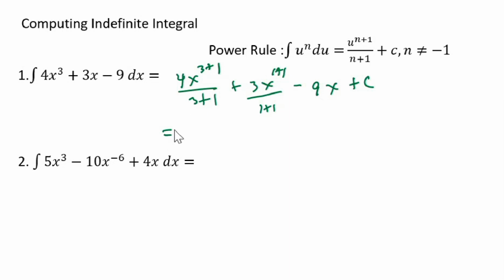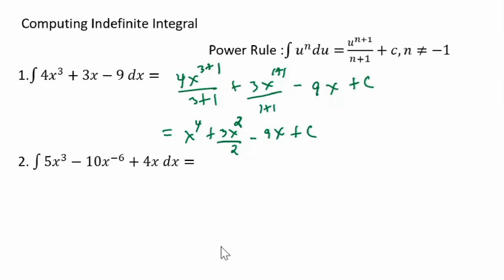By simplifying, this becomes 4x to the power of 4 over 4. So we cancel 4, and we have x raised to 4 plus 3x squared over 2 minus 9x plus a constant.